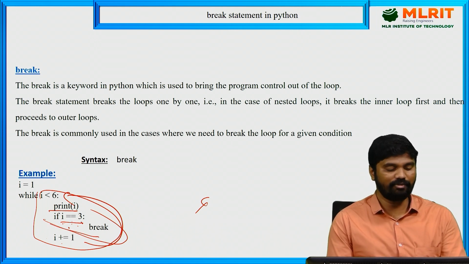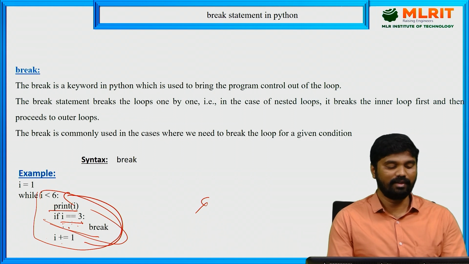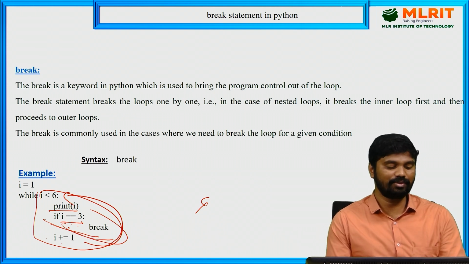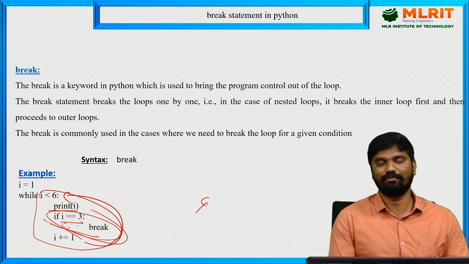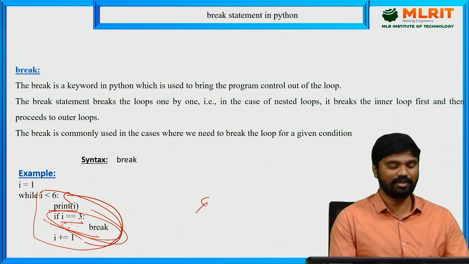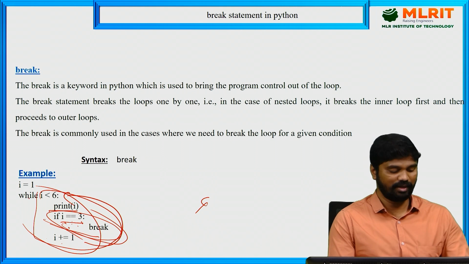So 3 equals 3. What will happen? The condition is true. Whenever the condition is true, the flow will enter the if block, then the break statement will be executed. Whenever the break statement is executed, the whole while loop will be terminated.